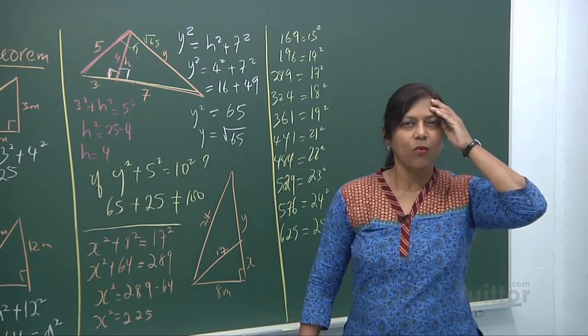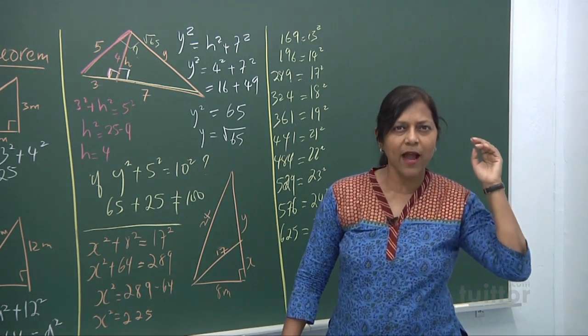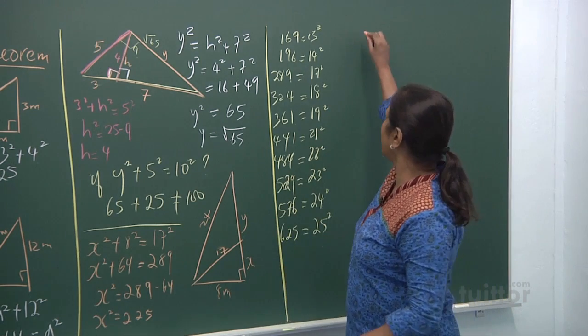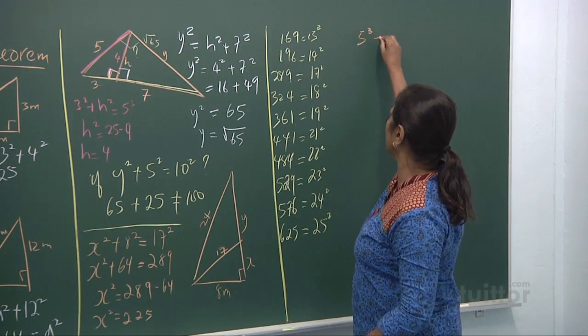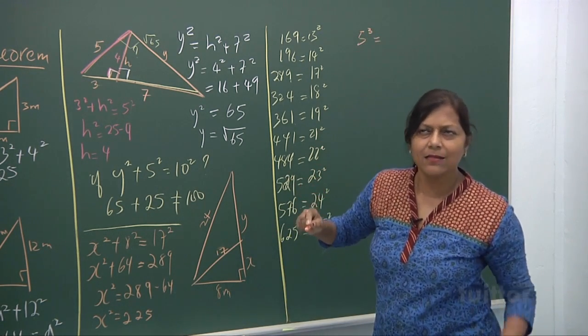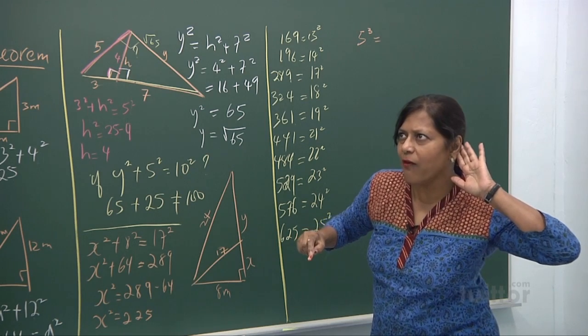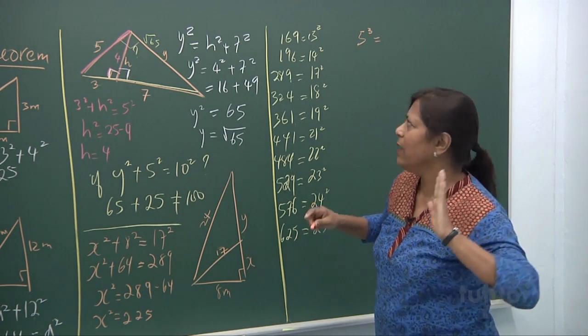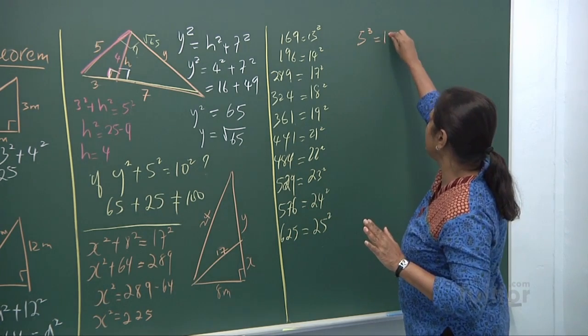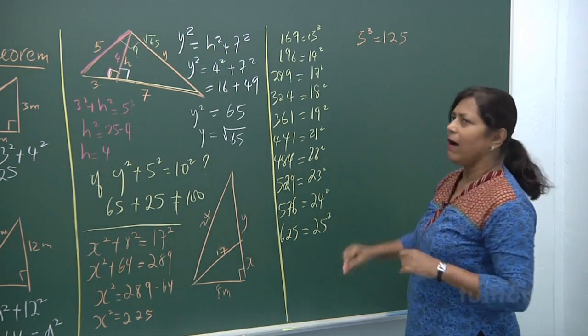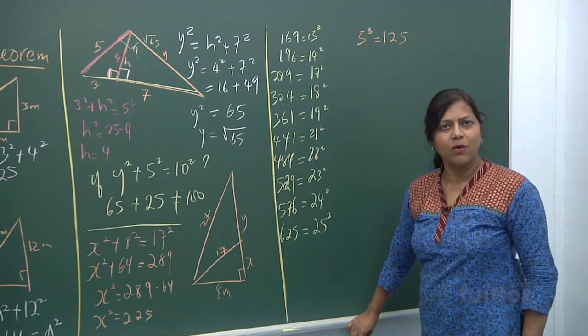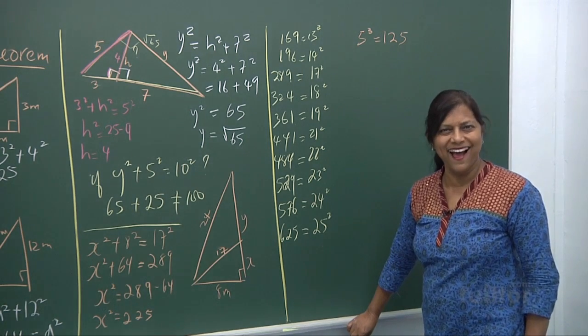I said, what? 1 to 5? He wanted a fight with me? All I asked him was 5 cubed. But actually he was saying 125. I got that. I was a little worried for once.